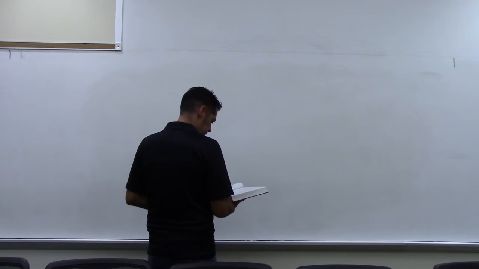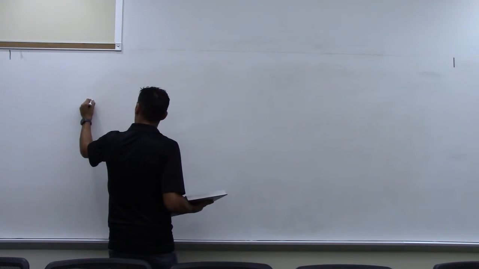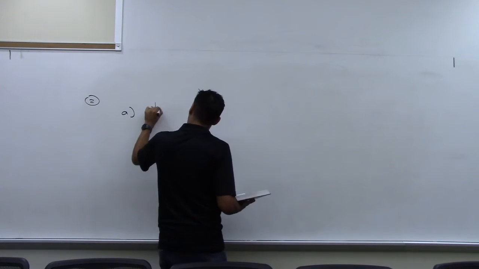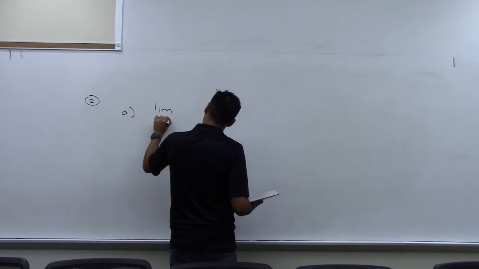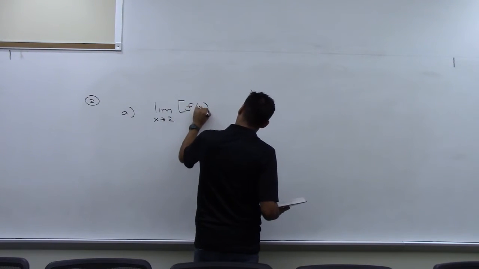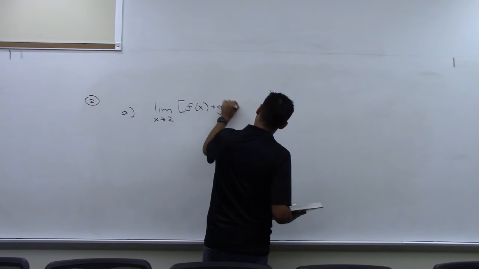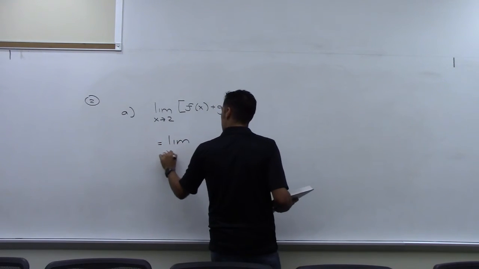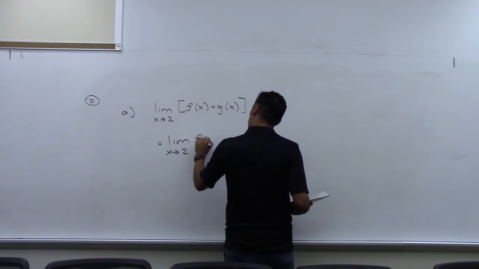So, you know what, I think I'll do this without drawing it because you have it there. Just do part A. Wants to know the limit as x approaches 2 of f of x plus g of x. Okay, so what I'm going to do is I'm going to break this up into two limits using the limit laws.